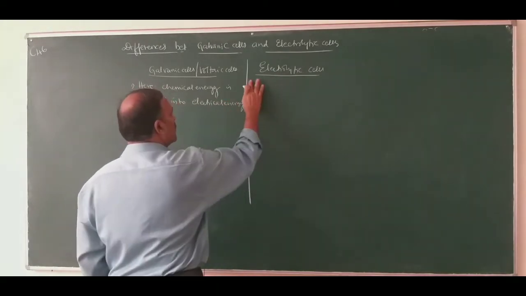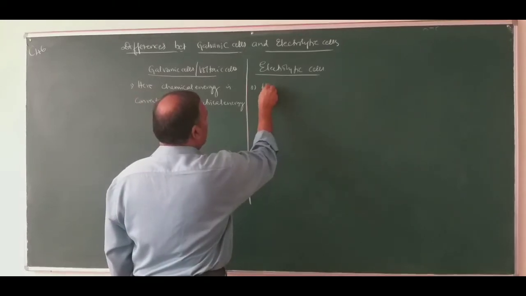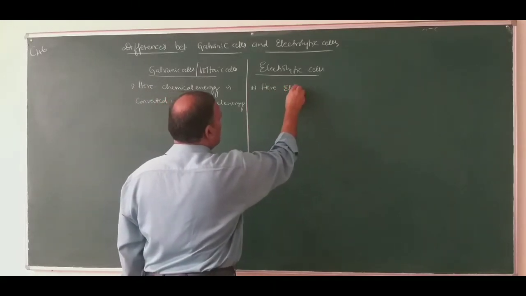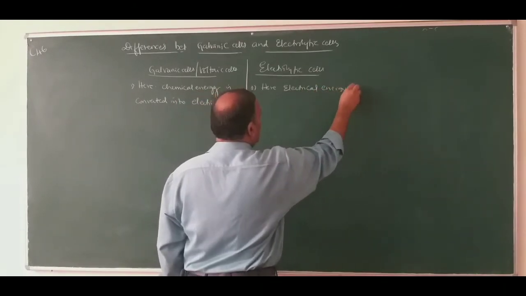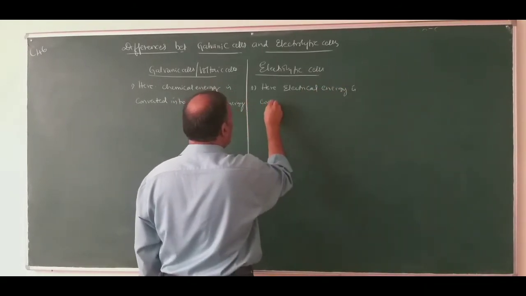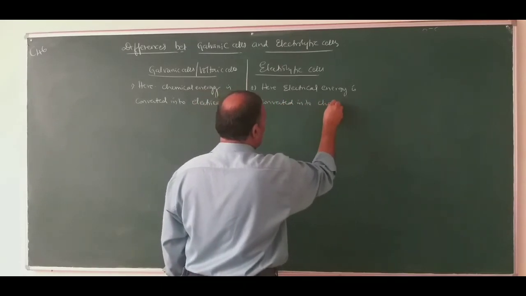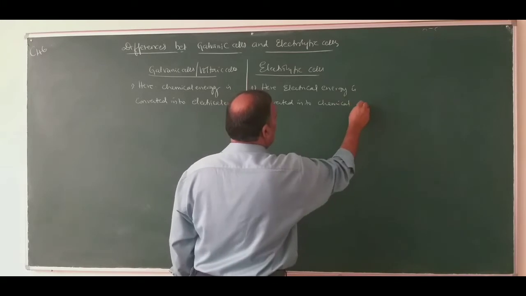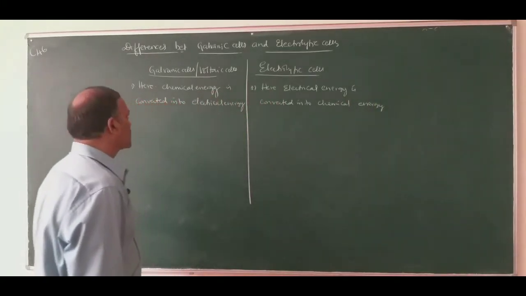In an electrolytic cell, what happens here? Electrical energy is converted into chemical energy. So this is the first difference.